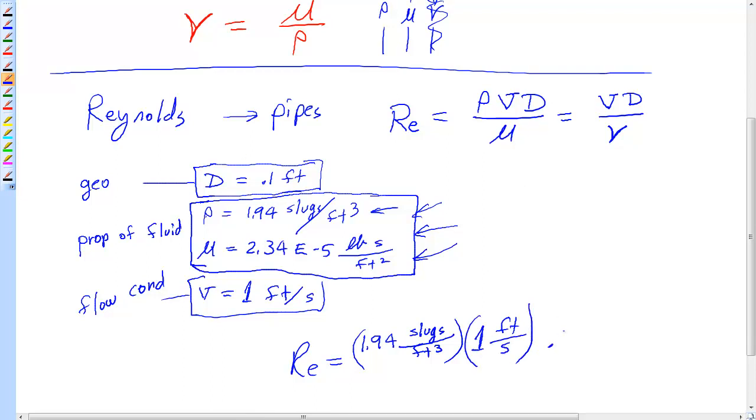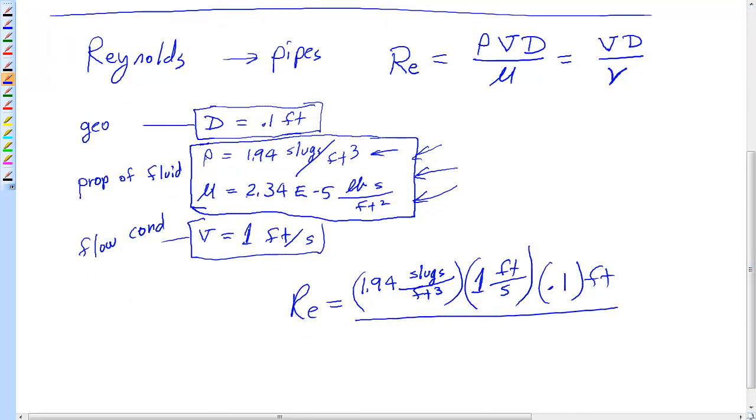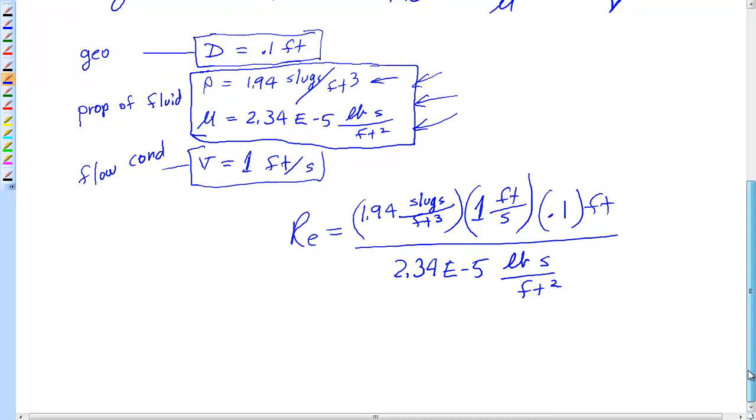Let's grab the diameter, 0.1 feet, and let's slide under there 2.34 e to the minus 5 pounds second over feet squared. Now we can figure out our numbers, and if we want to do that, what we'll find is roughly 8.290. But now let's look at our units.